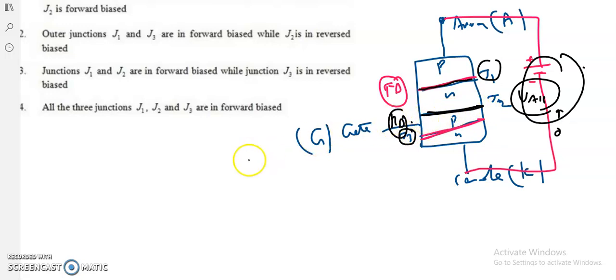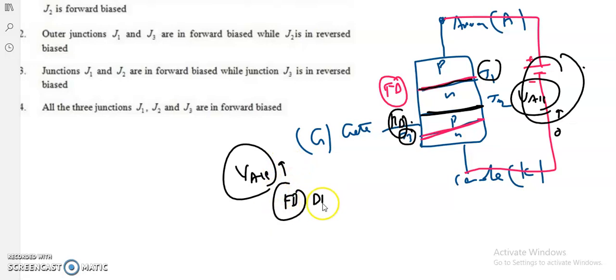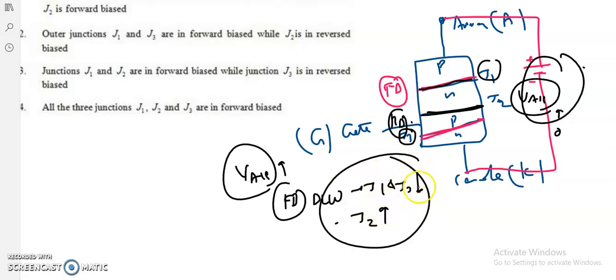So in this state, up to a certain VAK, the SCR maintains the off state.